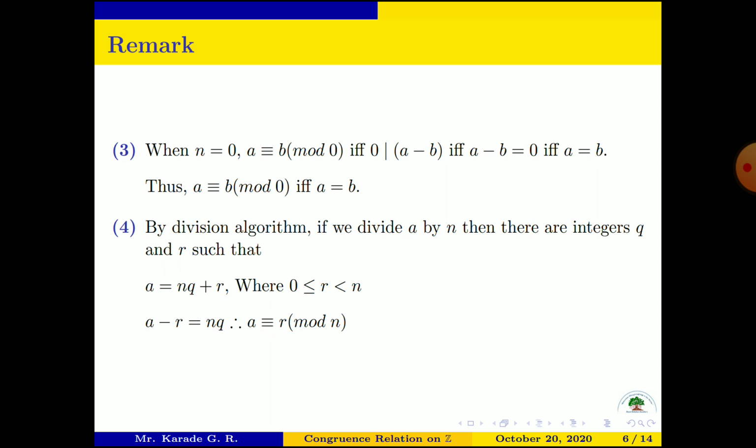So whenever we divide a by n, we write r as the remainder. So when a is divided by n, then a is always congruent to the remainder modulo n. That is also very important, keep in mind.